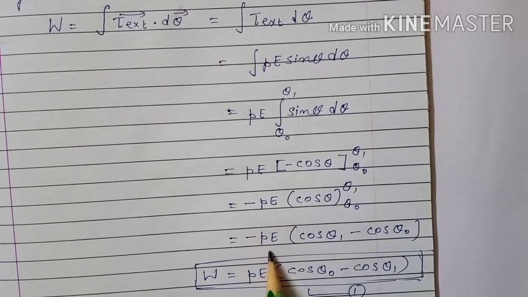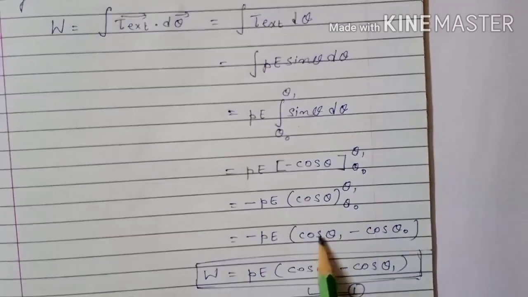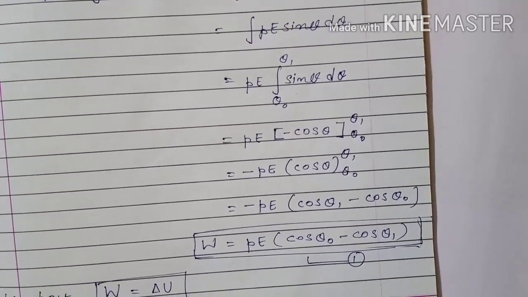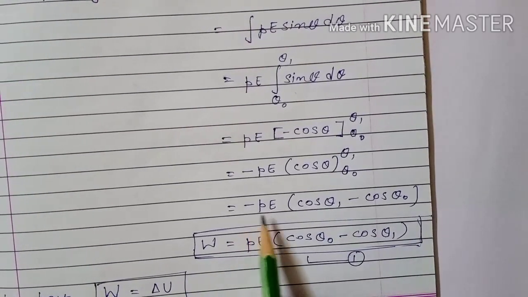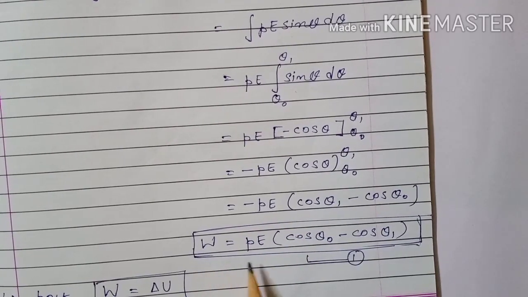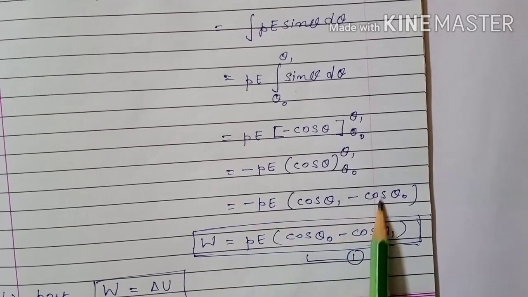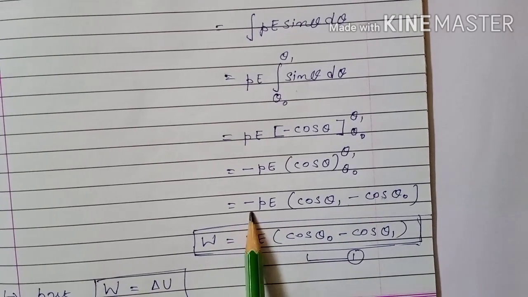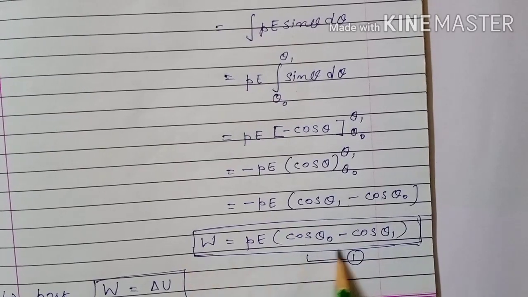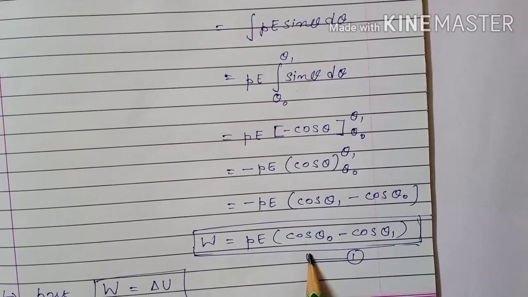Now minus Pe as it is, substituting the limits, cos theta 1 minus cos theta naught. If we take this negative sign inside the bracket, the work done W is equal to Pe, minus minus plus, cos theta naught minus cos theta 1. So work done is equal to Pe (cos theta naught minus cos theta 1).